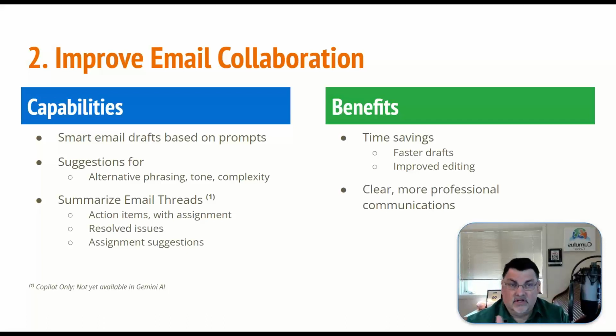Coming soon in Gemini AI, and it's there today with Copilot from Microsoft 365, is the ability to summarize email threads. And so this can be identifying action items that remain open, any resolved issues, generate assignment suggestions.